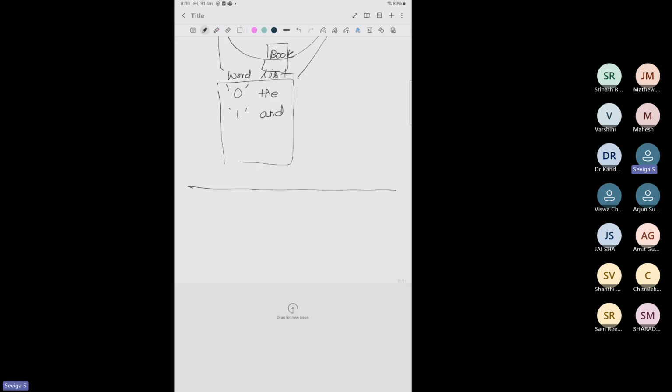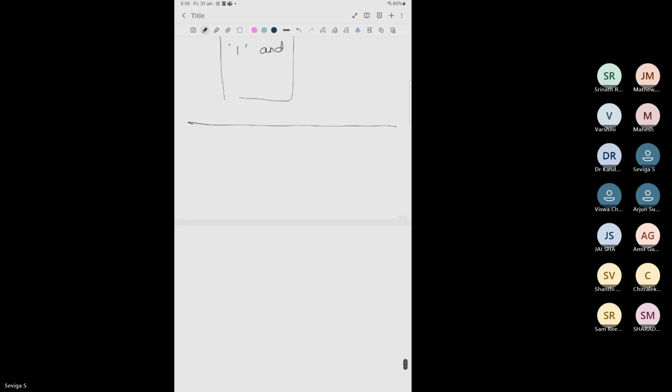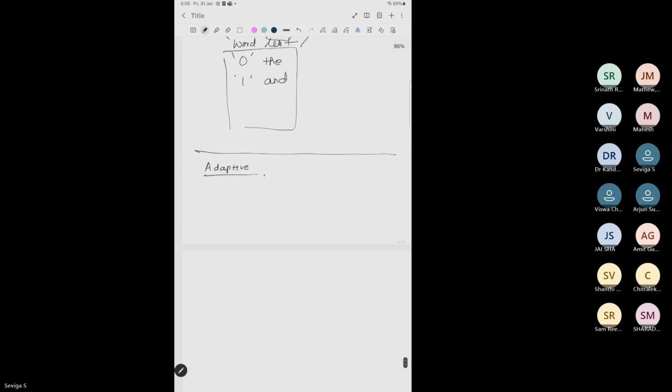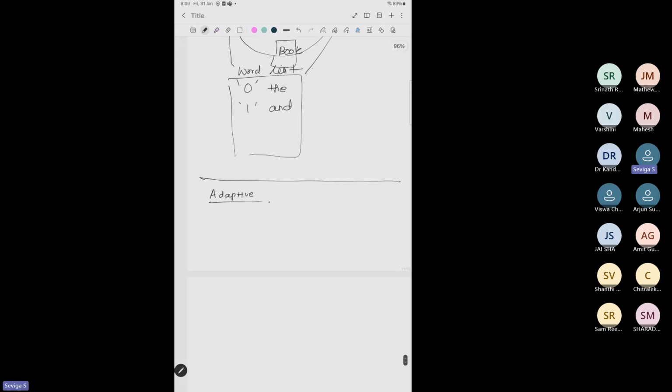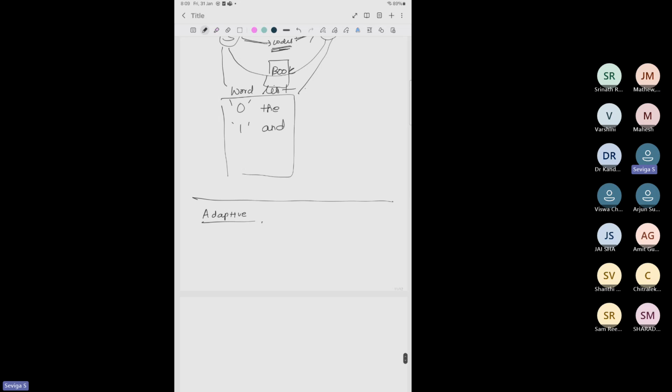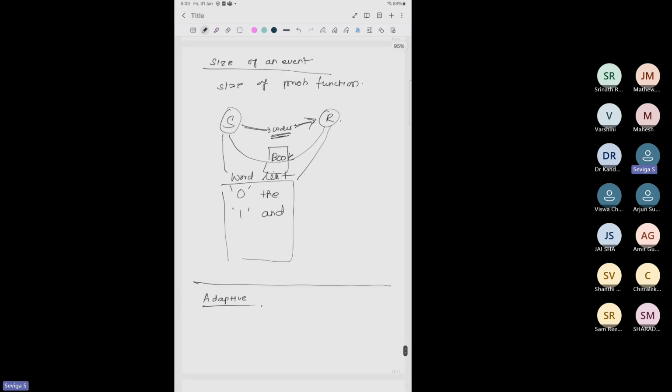So now let's look into adaptive codes. The sender and the receiver should share a context to adapt their transmission.